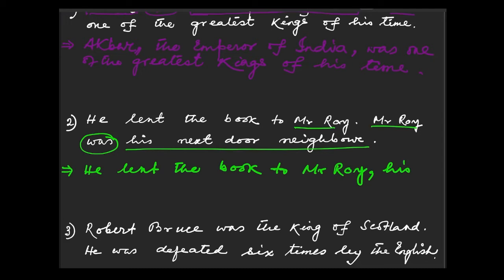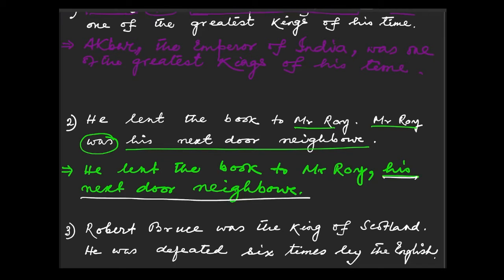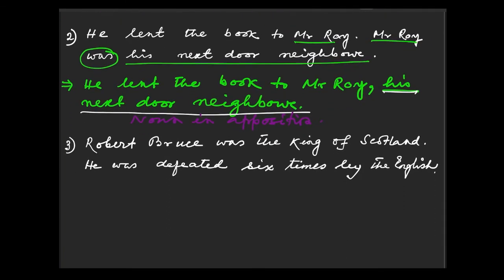His next door neighbor. This is noun in apposition. Okay.